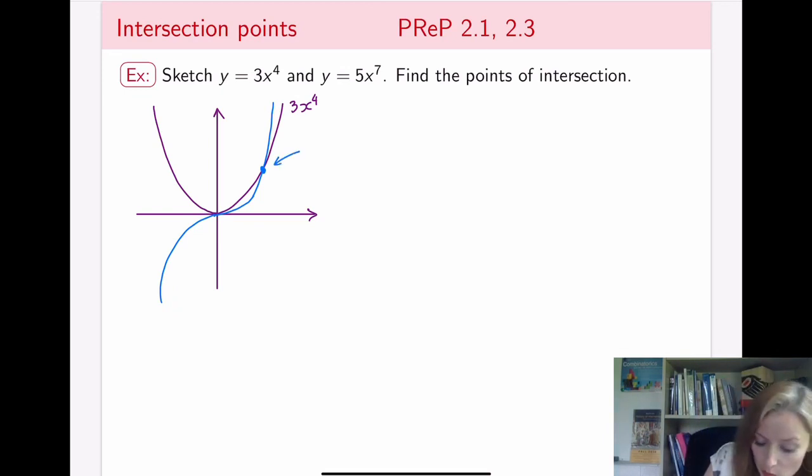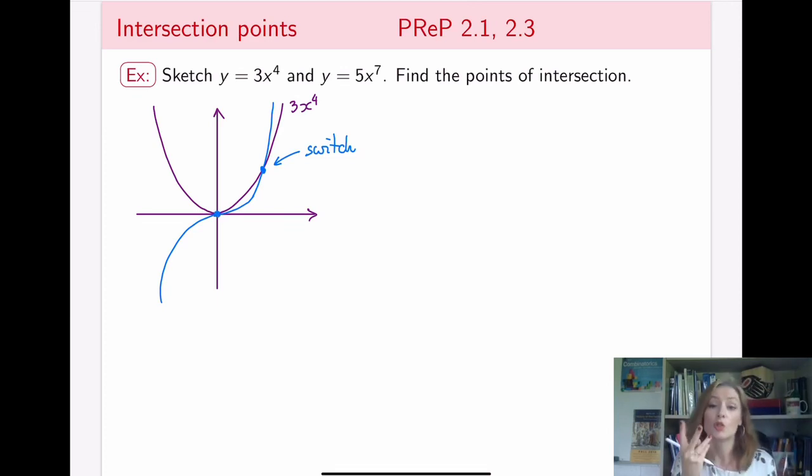So this switch point here is also the point of intersection. And I noticed that overall, I'm actually expecting 2 points of intersection on these two graphs.